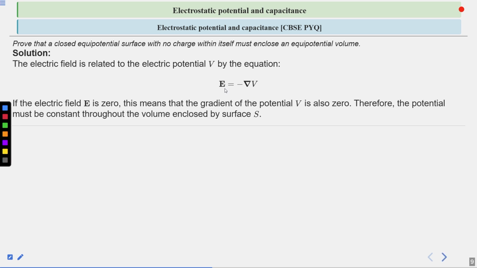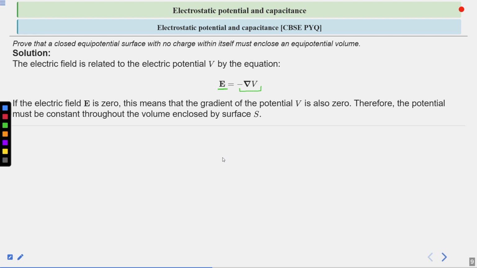So if the electric field through any surface is 0, then the gradient of the potential V is also 0. This means minus dV by dr equals 0, so dV by dr equals 0. If the differentiation of any term with respect to some quantity is 0, it means the quantity in the numerator does not change; it is constant.